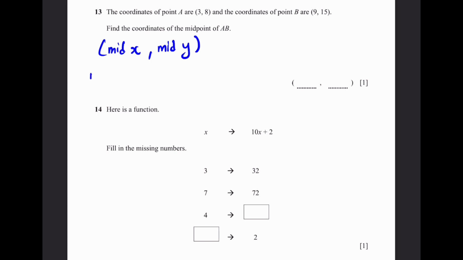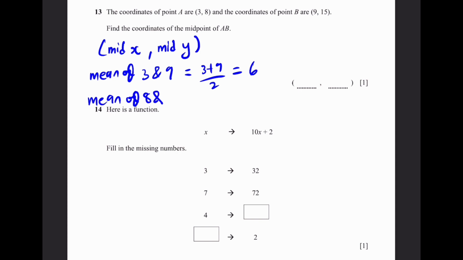So we need to find the mean of the x values, which are 3 and 9, which is equal to 3 plus 9 by 2. 12 by 2 is 6. And then the mean of the y values, which are 8 and 15, which is equal to 8 plus 15 by 2, which is 23 by 2, 11.5.